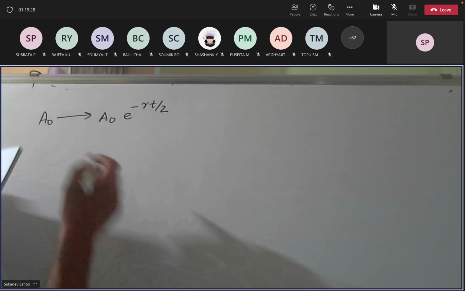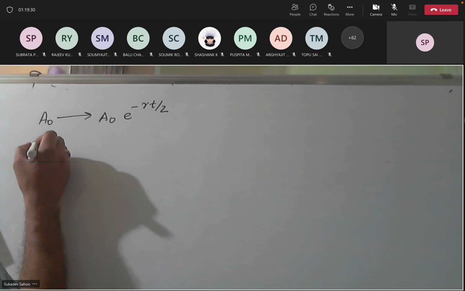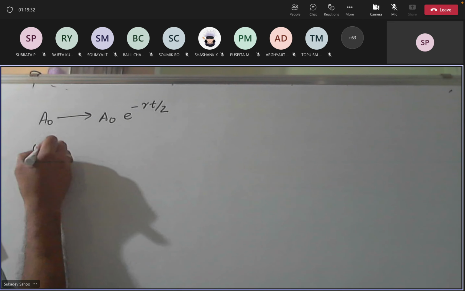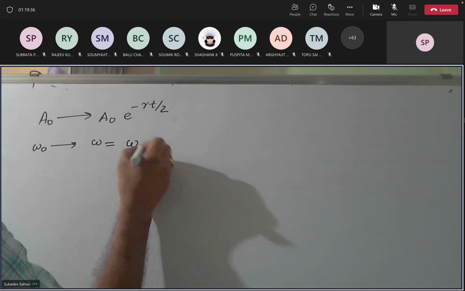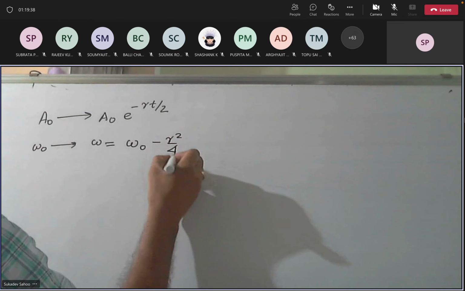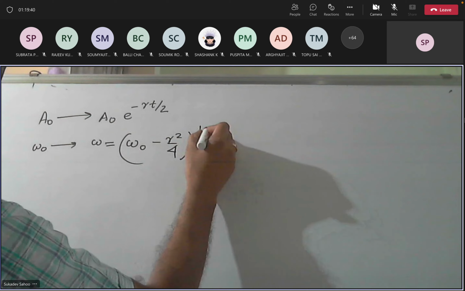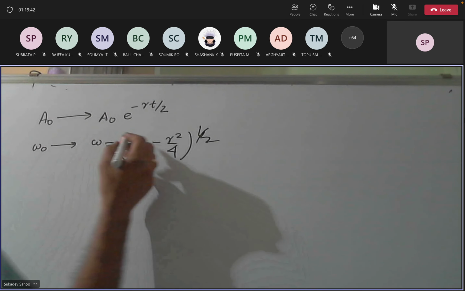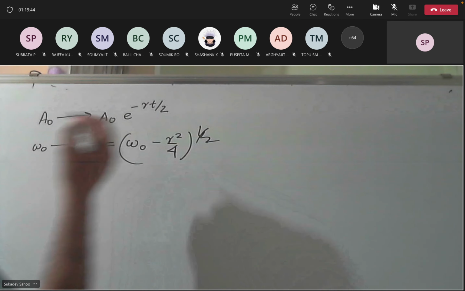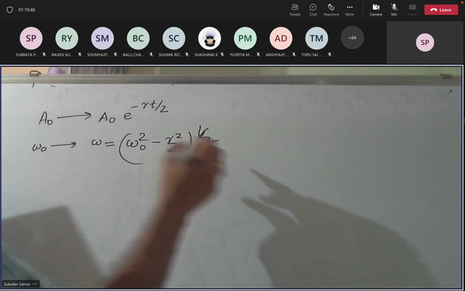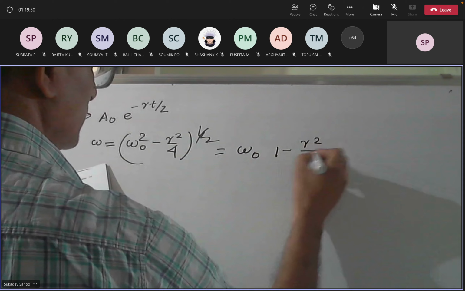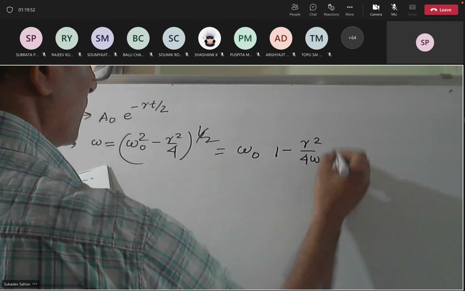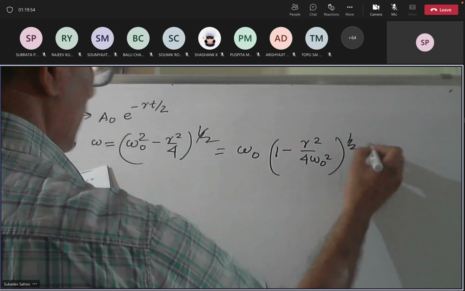And there is a decrease in angular frequency: initially omega 0, now it becomes omega, which equals (omega 0 squared minus gamma squared by 4) to the power half, that is omega 0 (1 minus gamma squared by 4 omega 0 squared) to the power half.